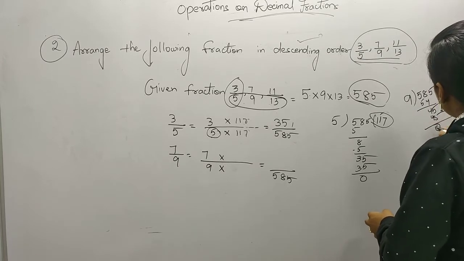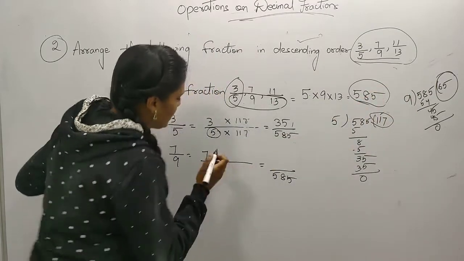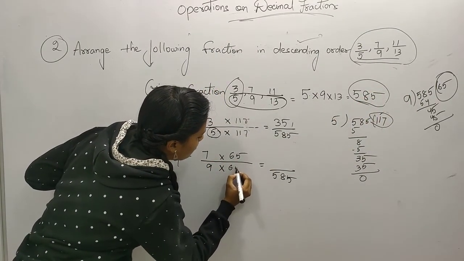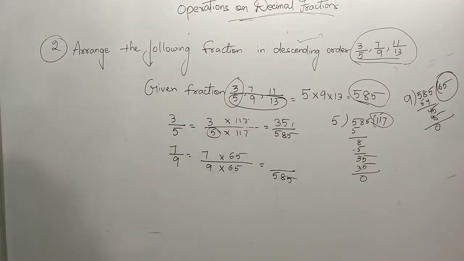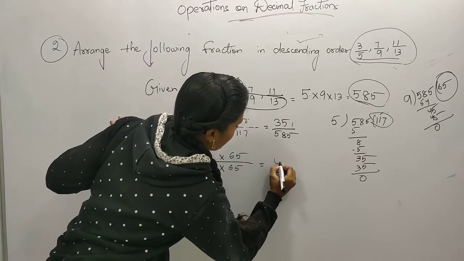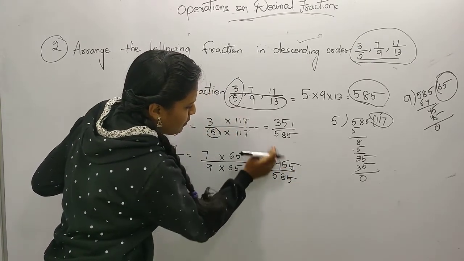Last the value is 0. What value did we get? 65. Now the 65 is multiplied with both the numerator and denominator. By multiplying it, what will you get? 455. See, the denominators are the same in both fractions.